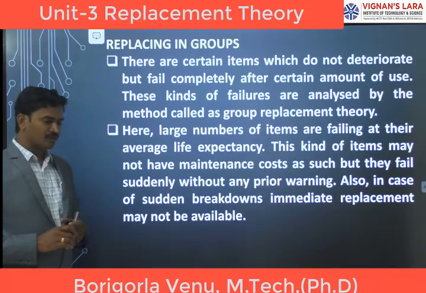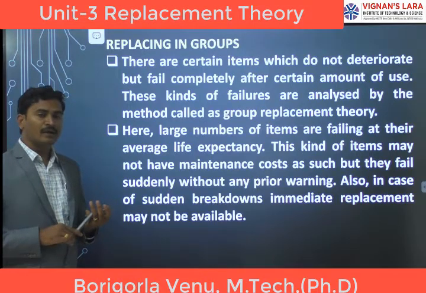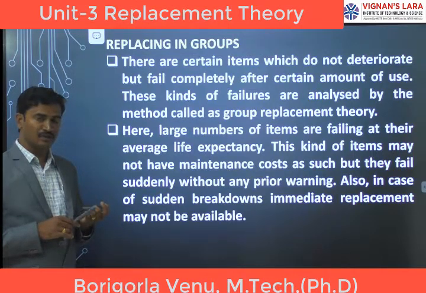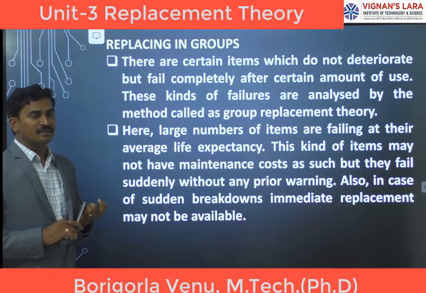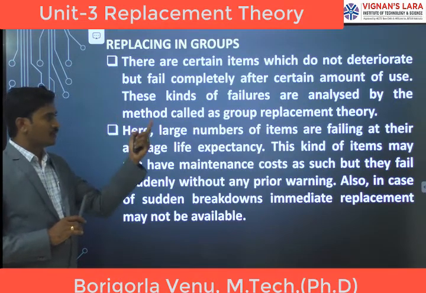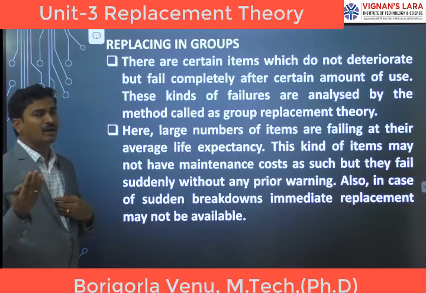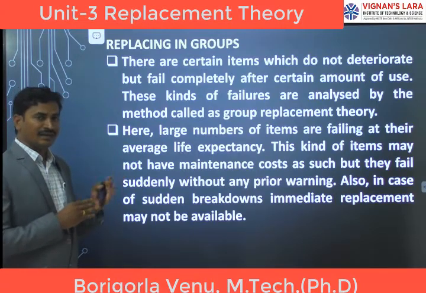In group replacement theory, we decide when it will fail and how we are going to replace it at the best cost. It means we are going to optimize the replacement cost. Based on the replacement cost only, we replace the items in a group manner, whether they have failed or are still alive.